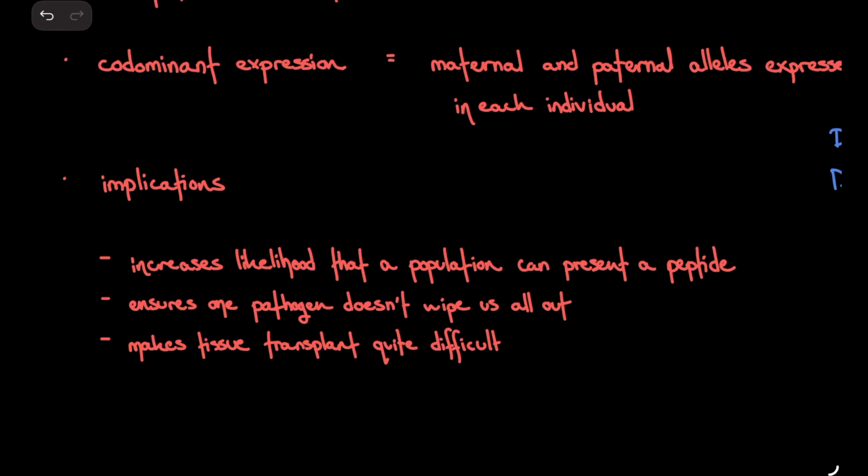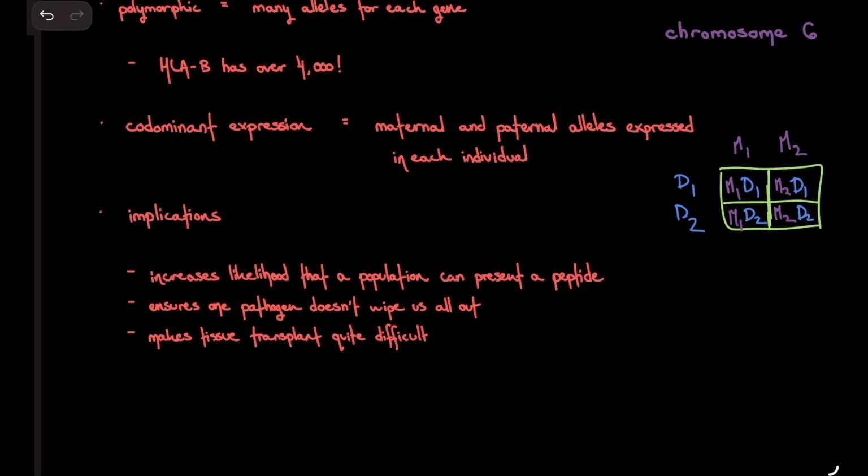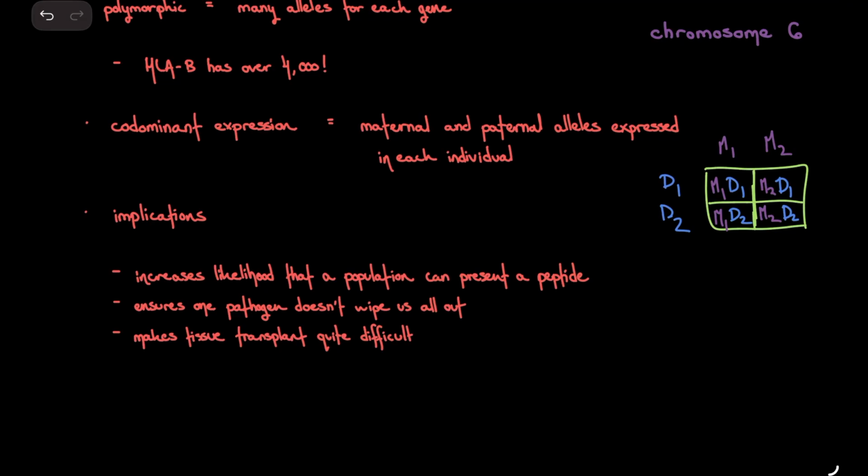So, what are the implications of having this many combinations and this many alleles? Well, this increases the likelihood that a population can present a peptide. All right? If I only had like 3 types of HLA genes, then all it takes is one virus to find a way to evade those 3 HLA genes.